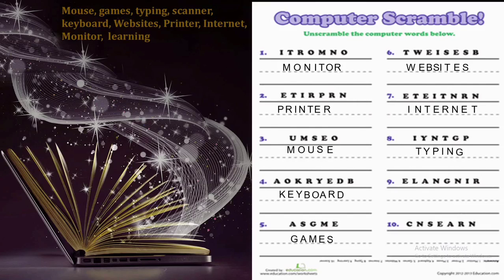Now come to the 9 number. ELANGNIR. So this is the scrambled word. Now match the letters with the given option words. I think this is it: ELEARING.